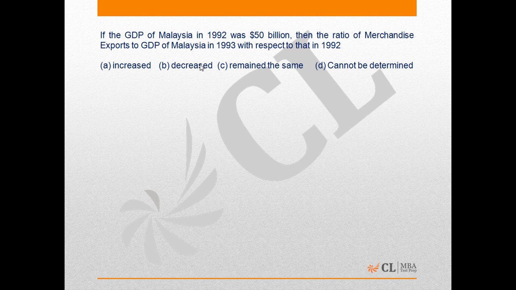In the next question, it is given that the GDP of Malaysia in 1992 was 50 billion, and we need the ratio of merchandise exports to GDP of Malaysia in 1993 with respect to that in 1992. So we have to find the ratio of merchandise exports to GDP for Malaysia in 1992 and 1993.